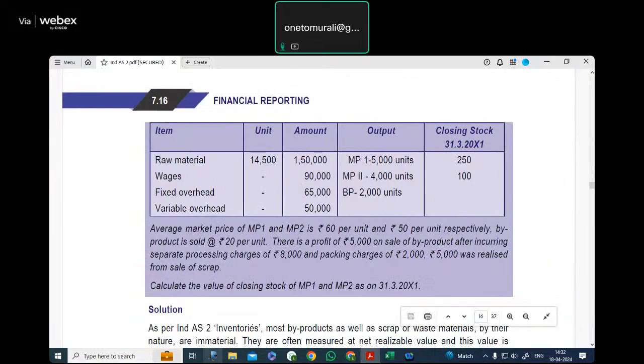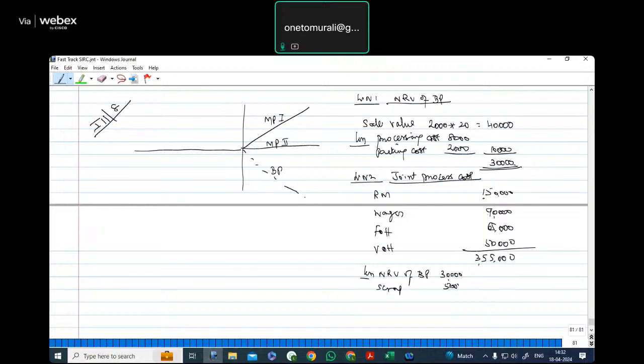That has got to be deducted, 5,000. So 35,000 has got to be deducted. So 320,000 is the joint process cost.